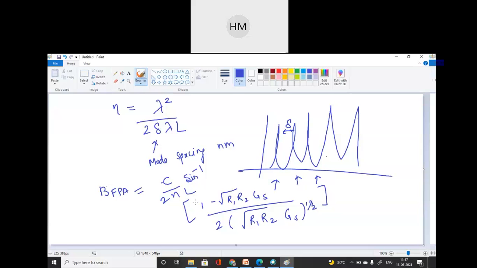Write down: R1 and R2 are the input and output face-set reflectivities. We have seen these reflectivities in your Fabry-Perot resonators. And GS is the single pass gain.